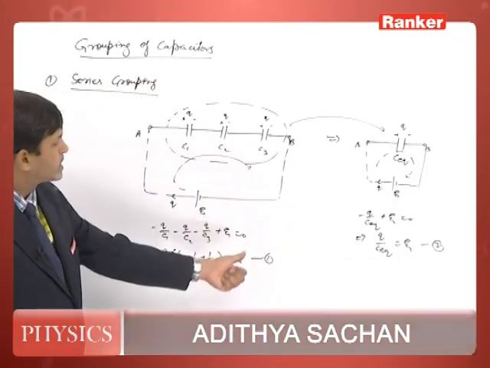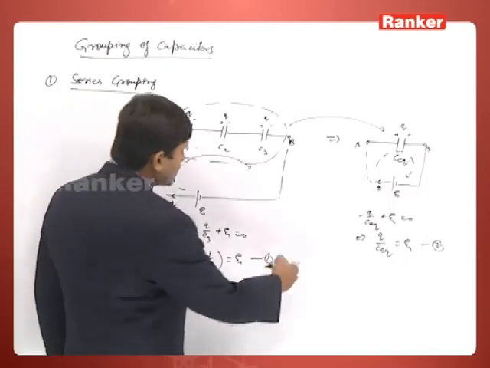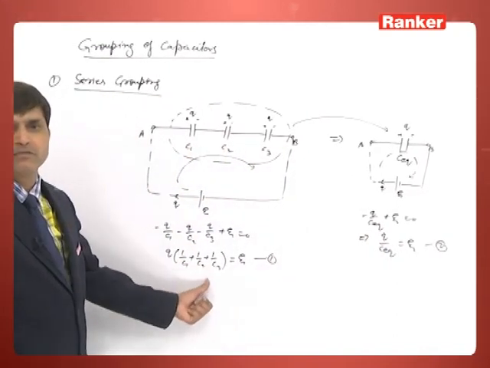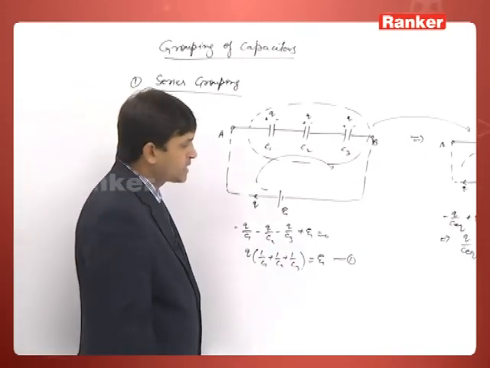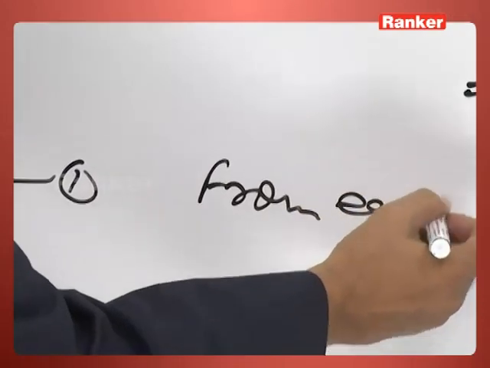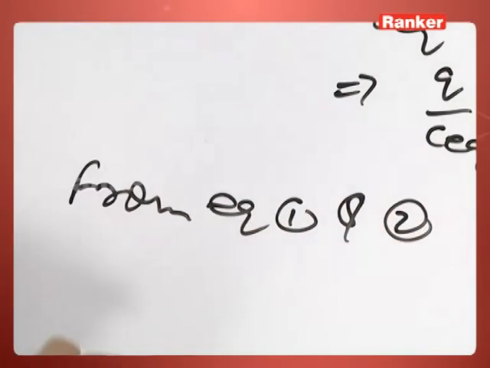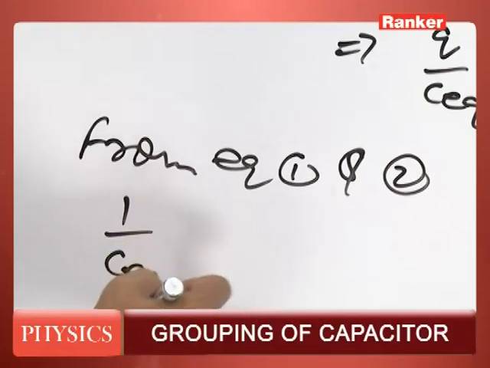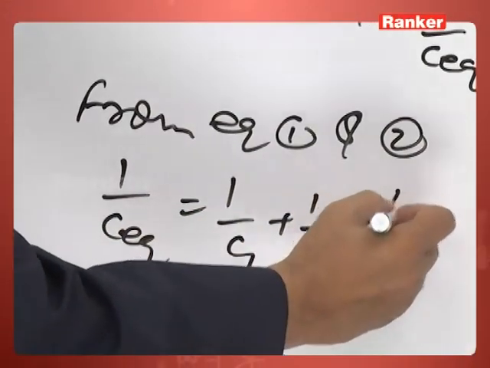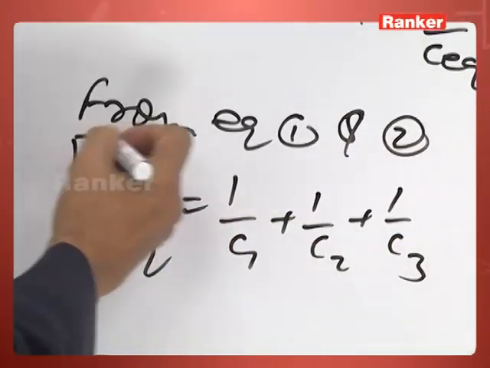Absolute similarity is there, so we can write 1 by C equivalent is equal to 1 by C1 plus 1 by C2 plus 1 by C3.